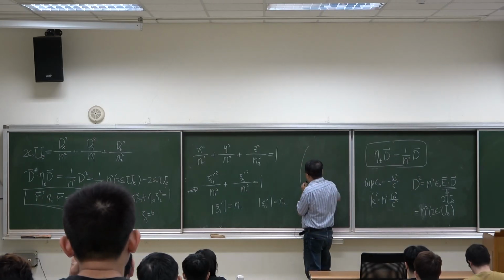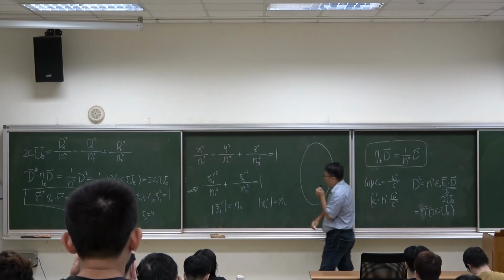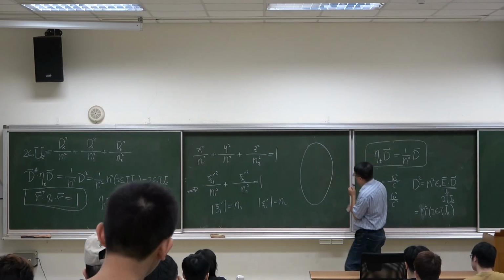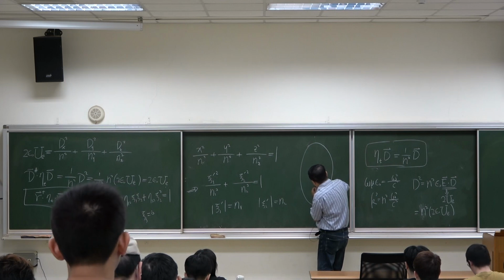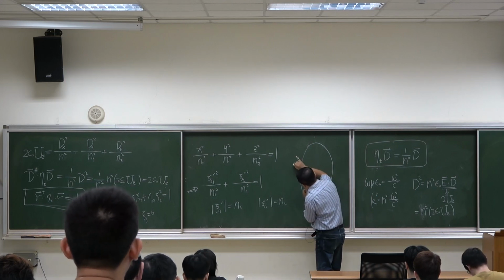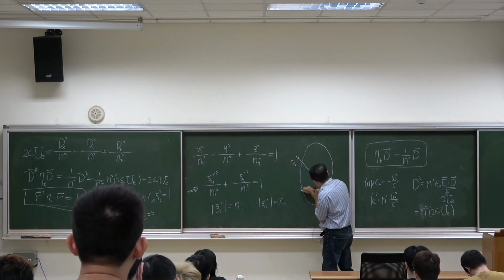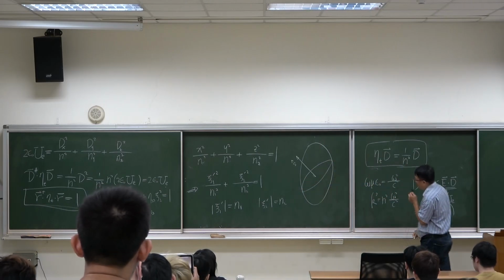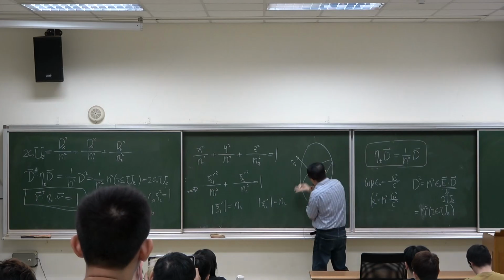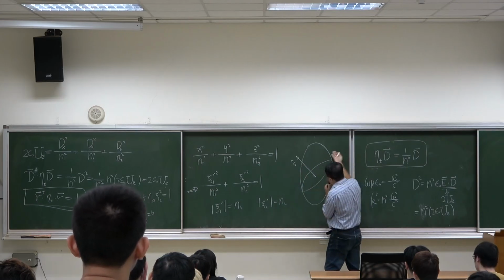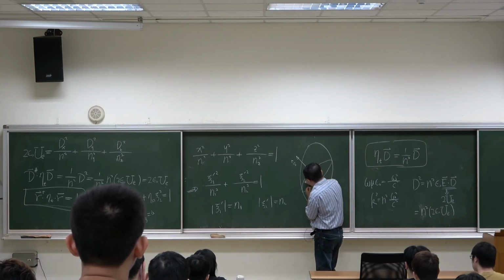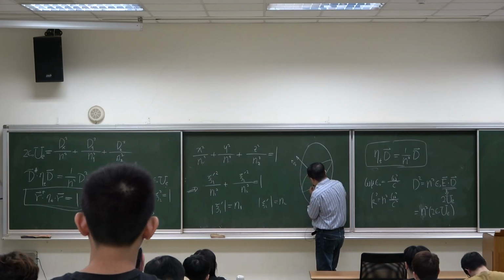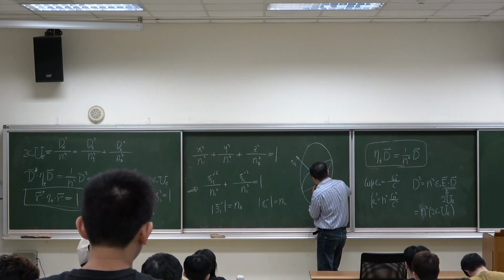So this means that originally we have this index ellipsoid, so then I consider the propagation direction s, and consider the plane perpendicular to the s vector. This plane intersects with the index ellipsoid, so the intersection is an ellipse.